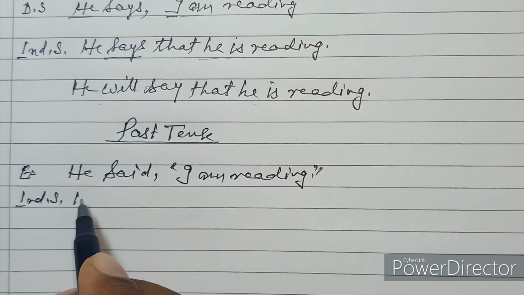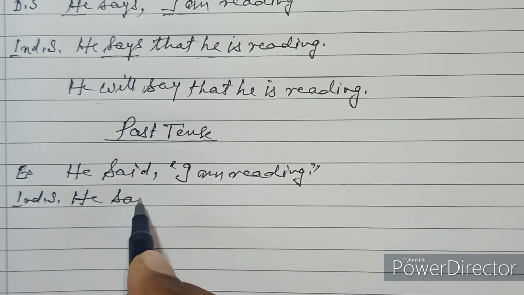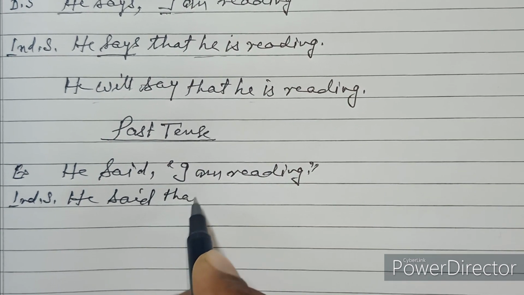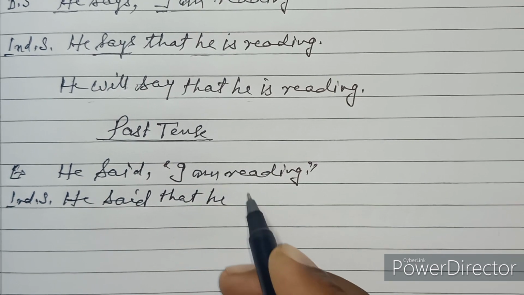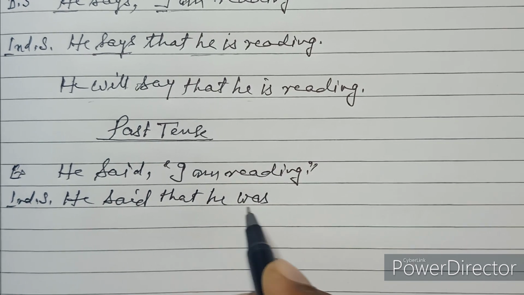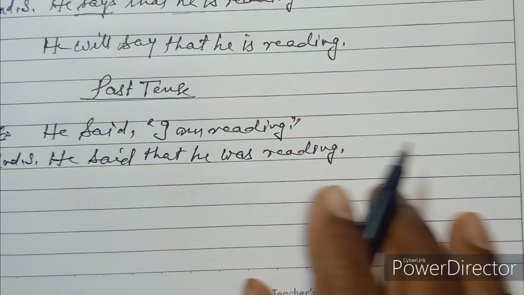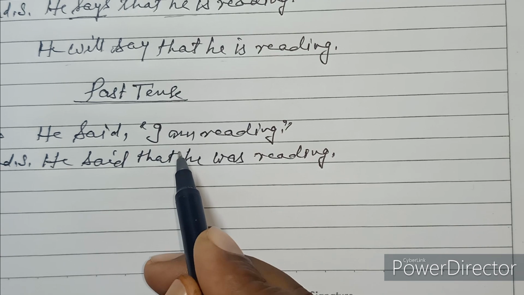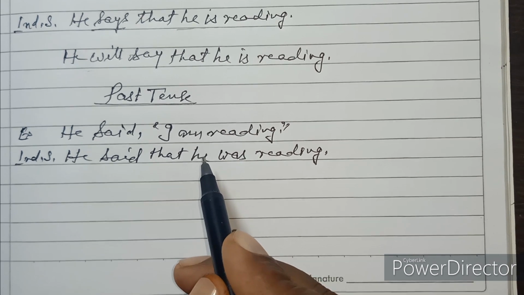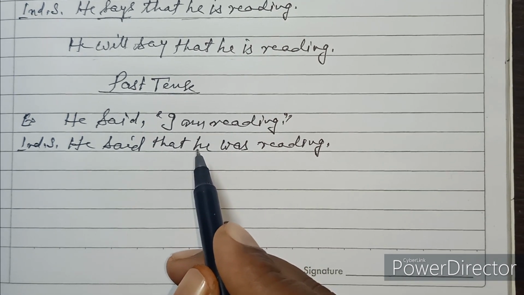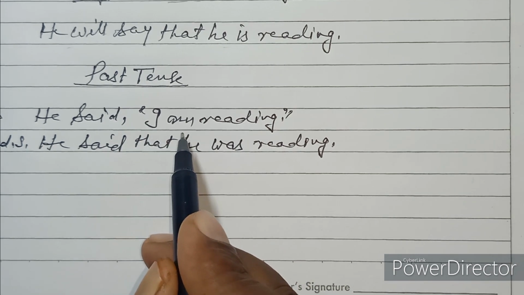He said that I will change into he and am will change into was. He was reading. So students, be verbs. When be verbs are is, am, are, we change them into was, were. When be verbs are do, does, we change into did. When be verbs are has or have, we change into had.